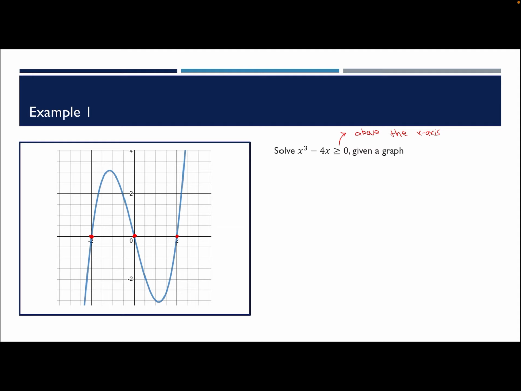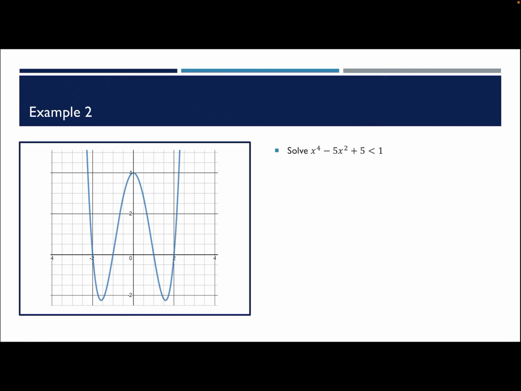So above the x-axis is just going to be this portion that I'm tracing now. So from negative 2 to 0 is part of our solution. So negative 2 to 0 union. Then the other portion is from 2 to infinity because that part is also above the x-axis. So from 2 to infinity. And that's it.